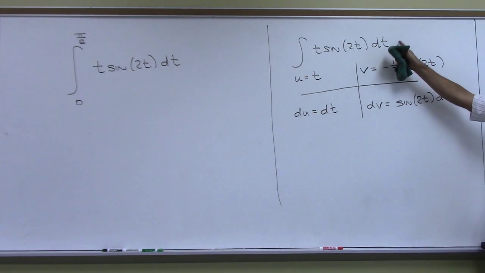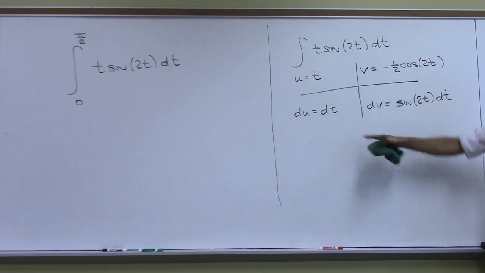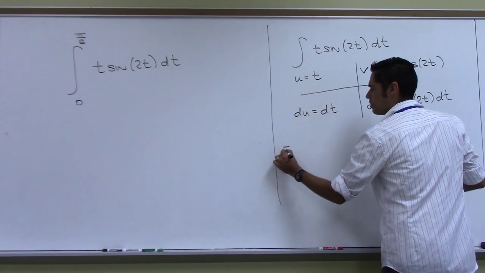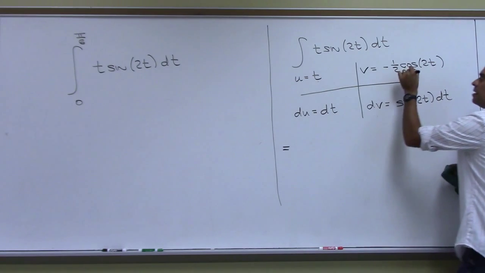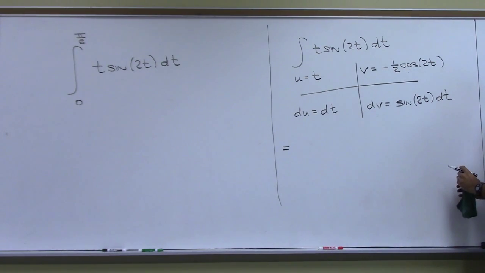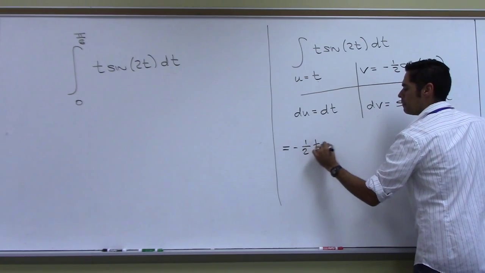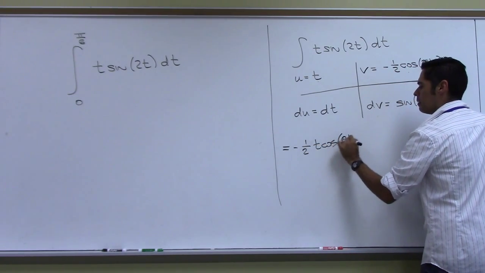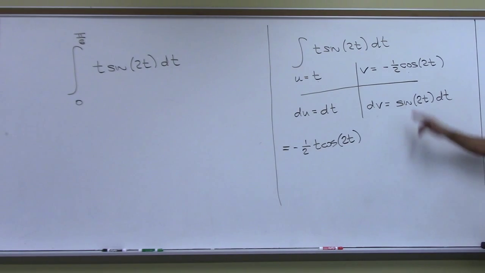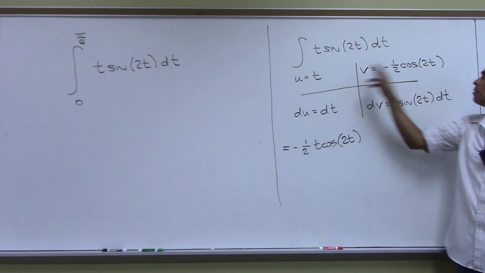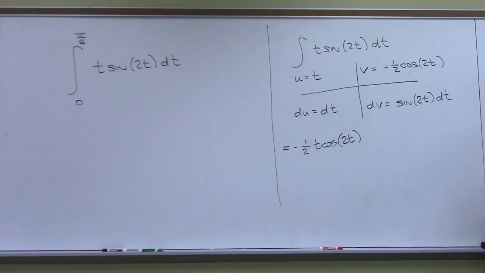So this integral right here, after ultraviolet minus voodoo, becomes this times this. So I put the negative 1/2 in front of the t, and then I wrote the cosine 2t. Minus voodoo. So what should I write next?